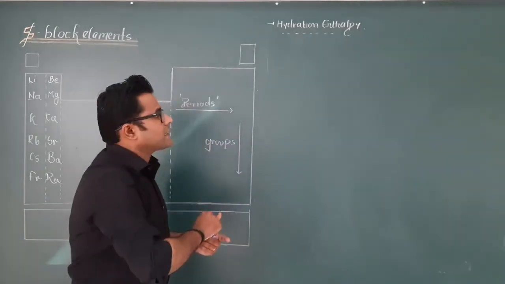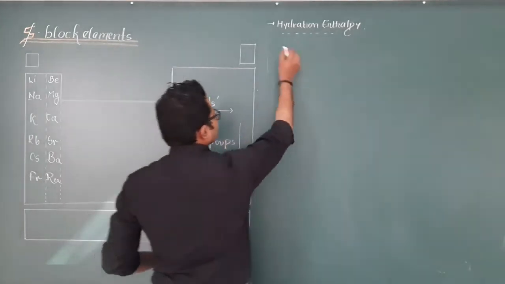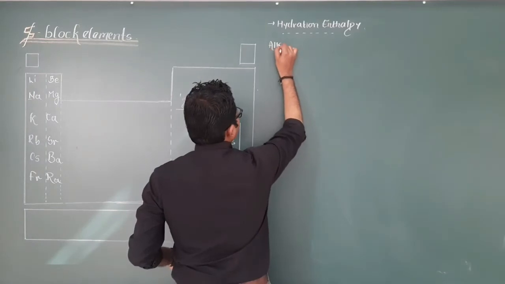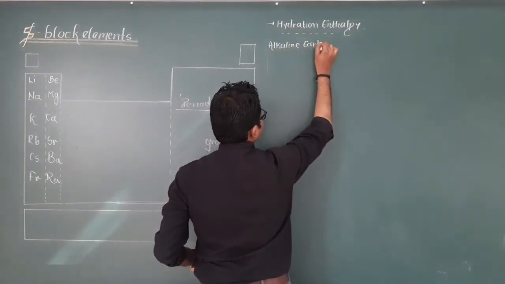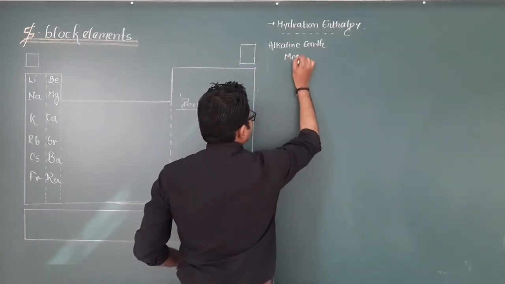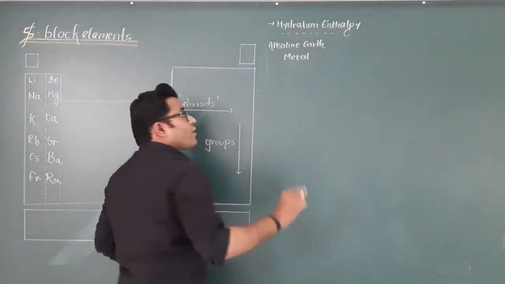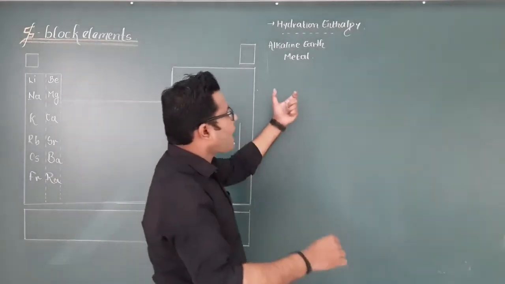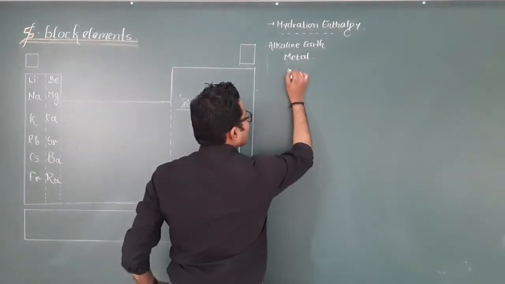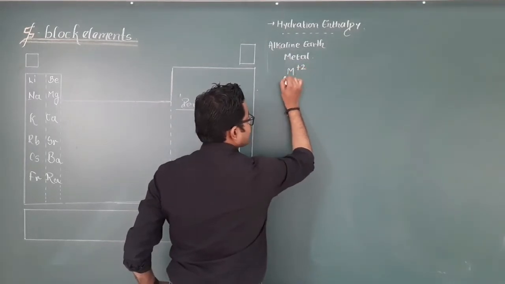Now in this particular case, when we observe the alkaline earth metals, here the size of these particular ions is smaller because they are existing in the M plus 2 state.